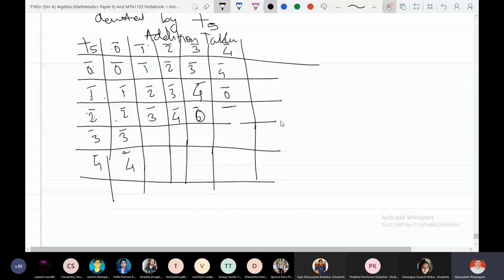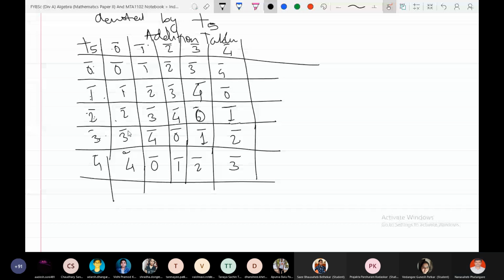This is addition. This is called the addition table modulo 5, and this table gives all possible additions. You choose any two numbers, you can find their addition. For example, you want to see what is 3 bar plus 3 bar. Look at the row of 3 bar and the column of 3 bar. That intersection is 1 bar.